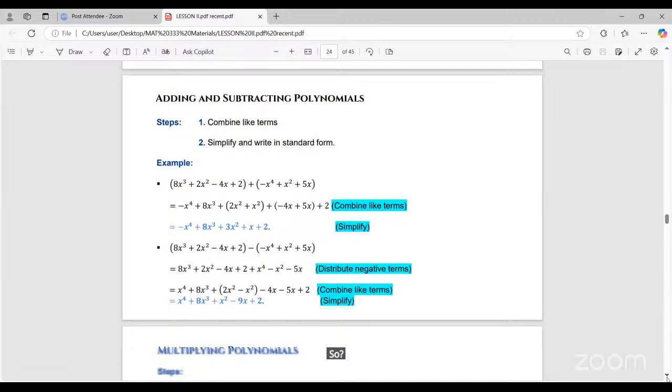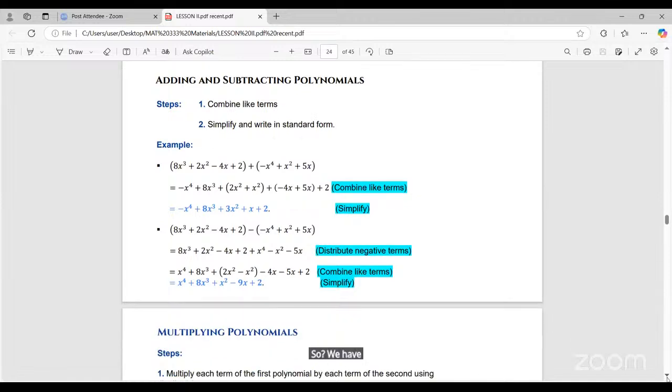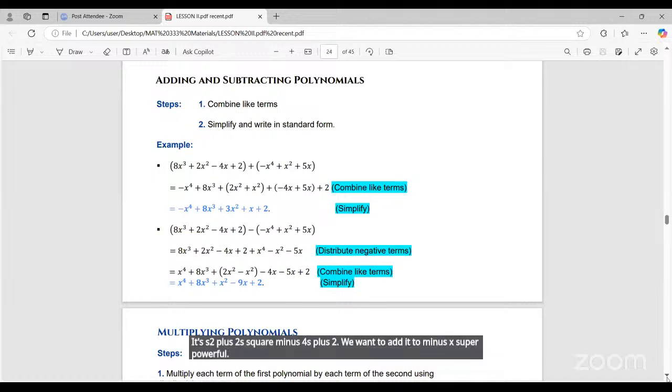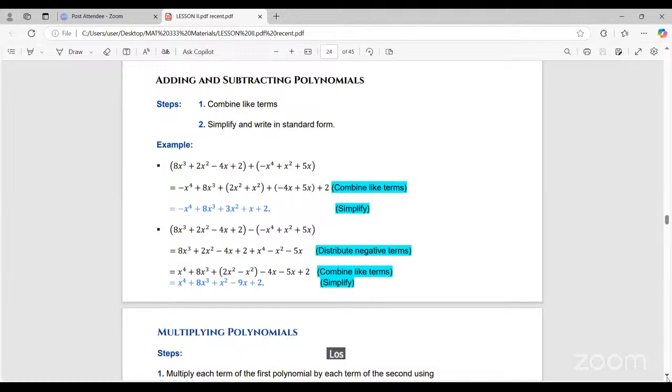We have that same polynomial, 8x cubed plus 2x squared minus 4x plus 2. We want to add it to minus x to the power 4 plus x squared plus 5x. How do we add it? We add polynomials of the same power, the same term.